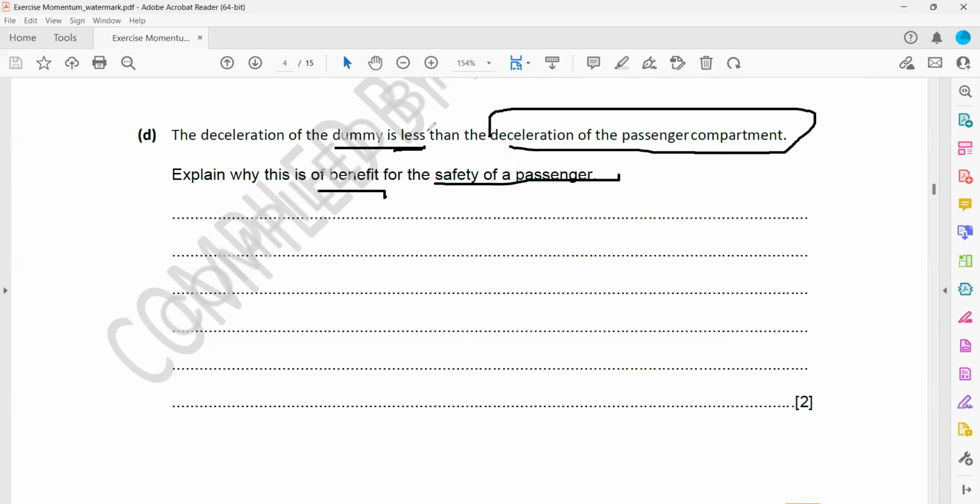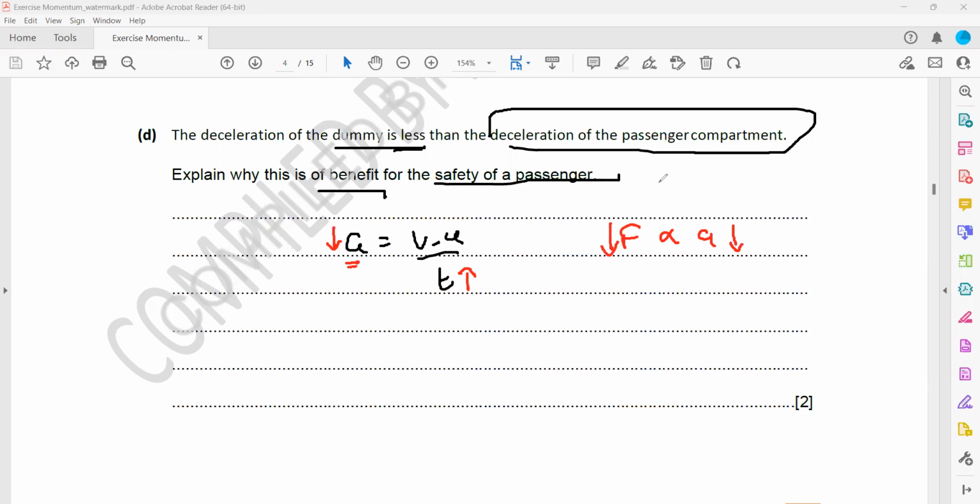Because we have the formula for acceleration and deceleration, which is the change in velocity divided by time. So if the object is having a smaller deceleration, it will take longer time to stop. Or if an object is taking longer time to stop, it means it will have a smaller deceleration. If it's a smaller deceleration, the force which the passenger or the dummy will experience will be small.